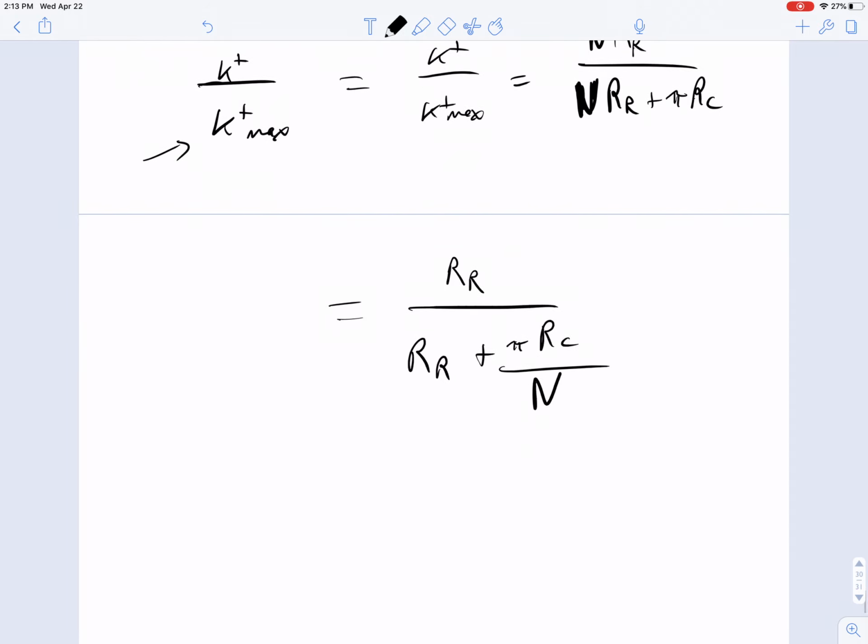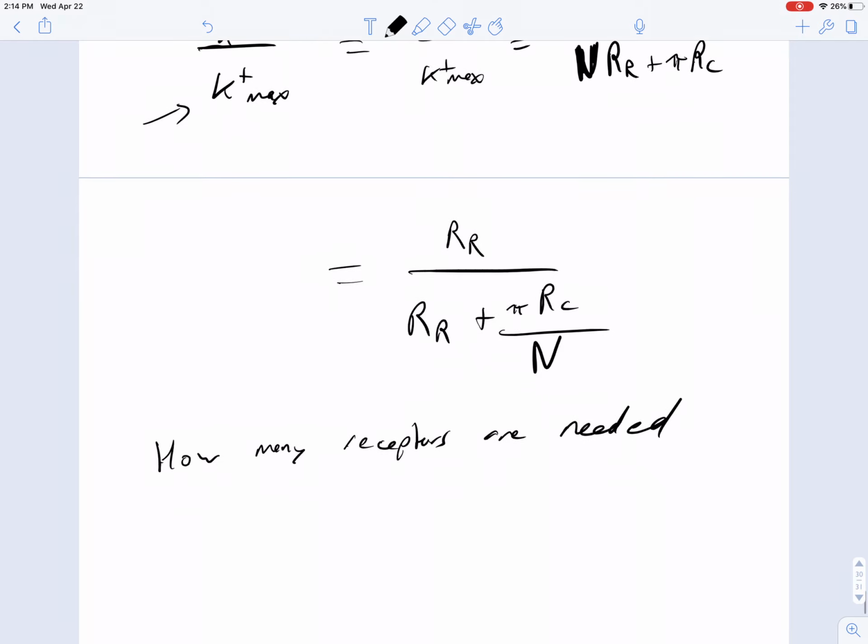So let's do a quick calculation. Question: how many receptors are needed to achieve half maximal binding?